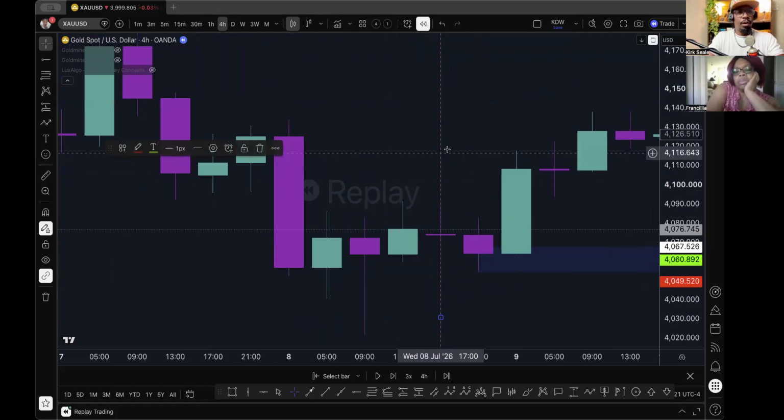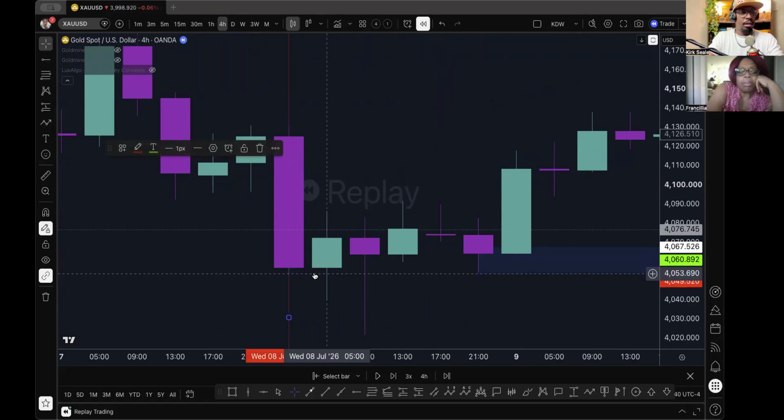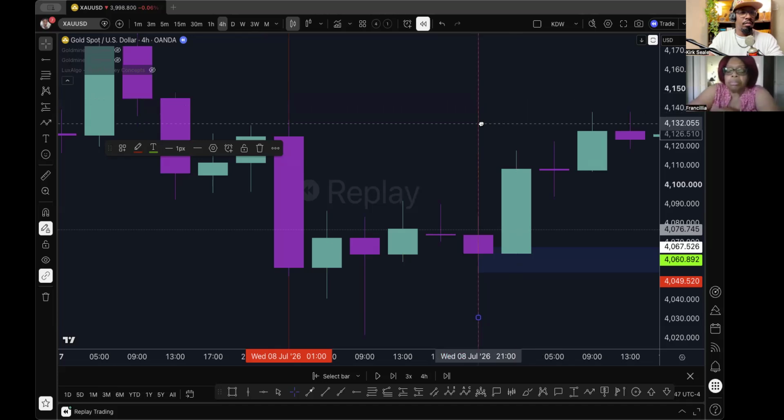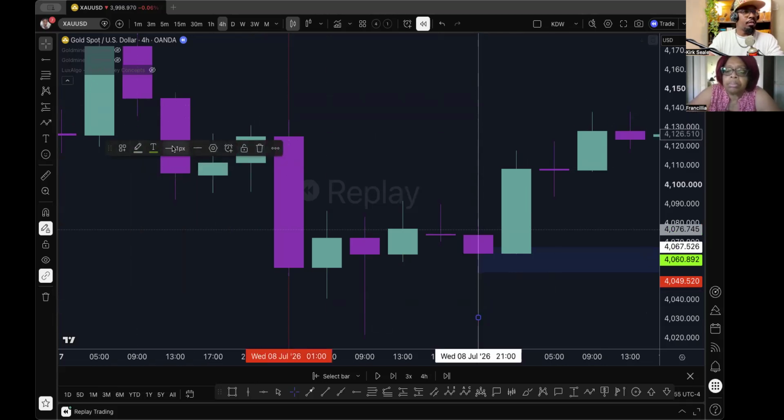All right, so this is where I put the line for Wednesday. But right now, this line is on 17, so at 5 o'clock, 5 p.m. So we want to get to the beginning of Wednesday, right, which is going to be this candle. And we're going to show where the ending of Wednesday is right here. Let me change this color, make sure this is nice and visible for us.